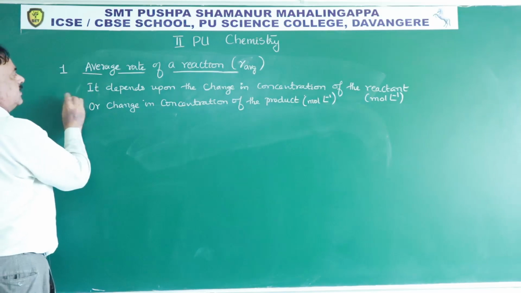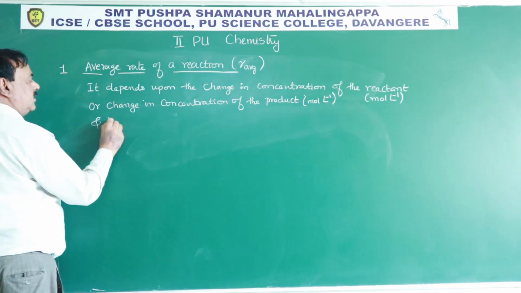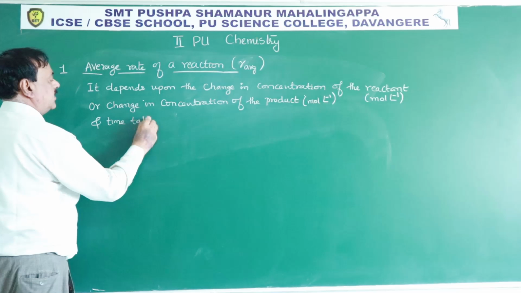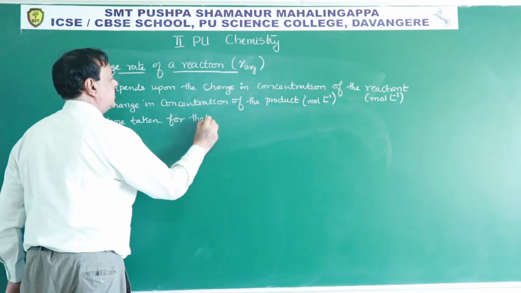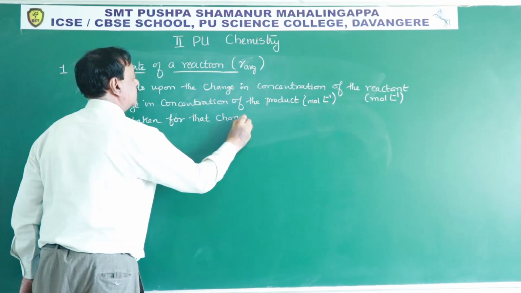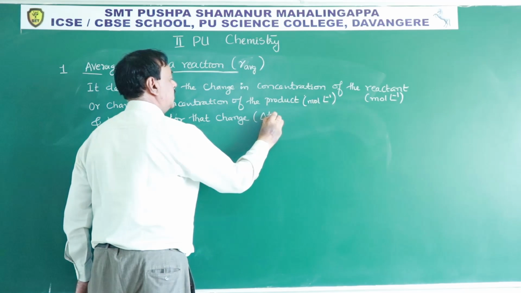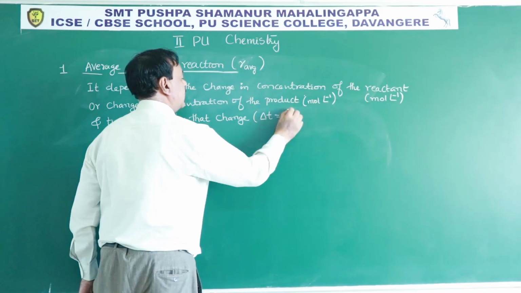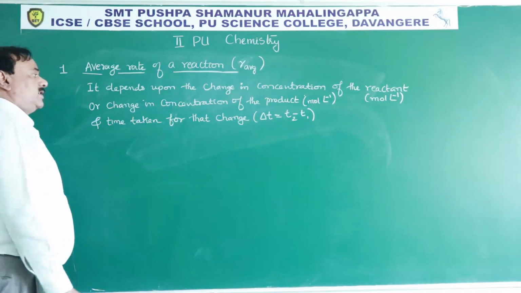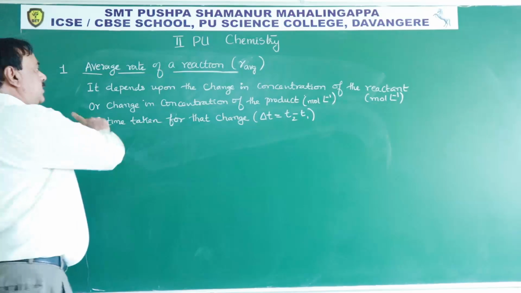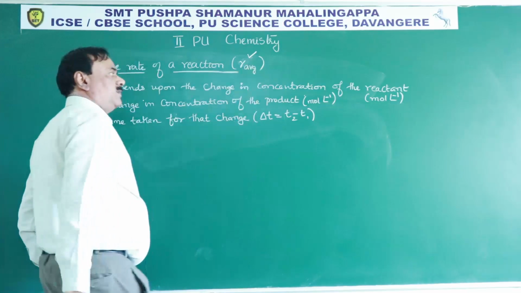The time taken for that change is given by delta T, which is equal to T2 minus T1, that is, final minus initial. The average rate of a chemical reaction, R average, depends upon two factors.